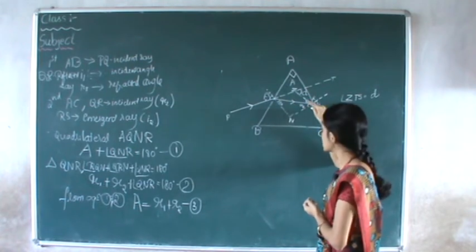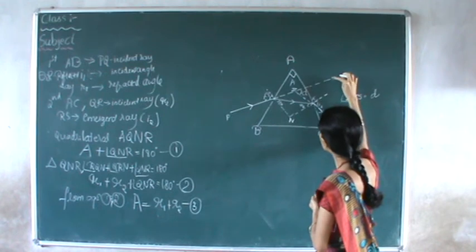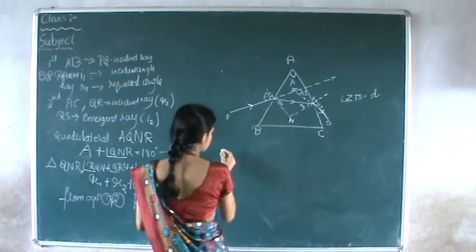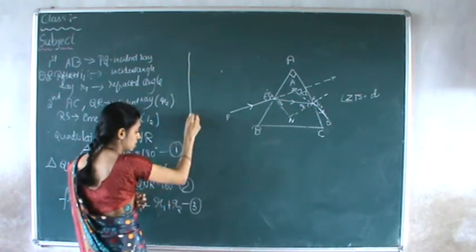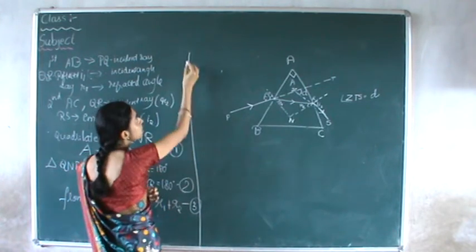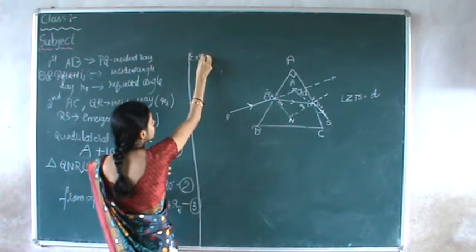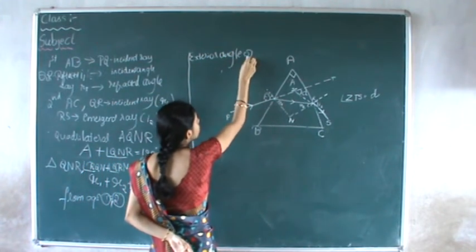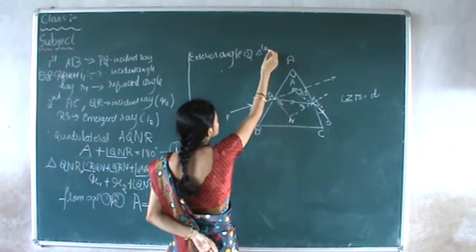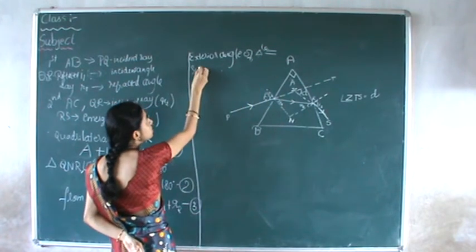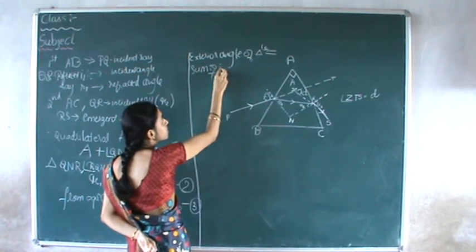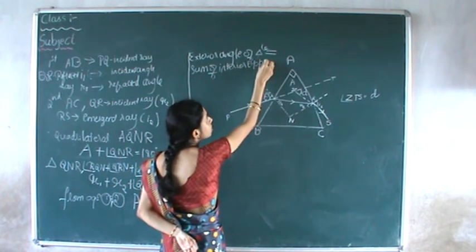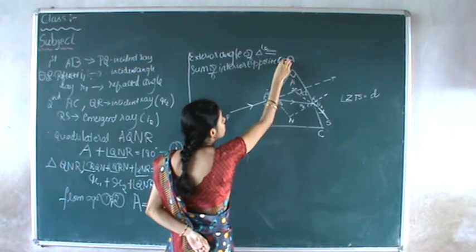In that case, the exterior angle is TZR or TZS. So the exterior angle of a triangle is equal to the sum of the interior opposite angles.